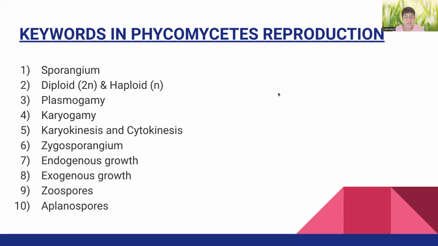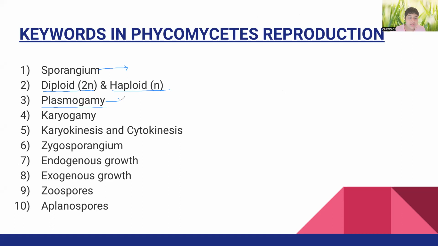So the keyword in Phycomycetes reproduction is sporangium. What exactly is a sporangium? A sporangium is a body which holds haploid spores. Diploid is a nucleus which has 2N formation, and haploid is a nucleus which has single N formation.